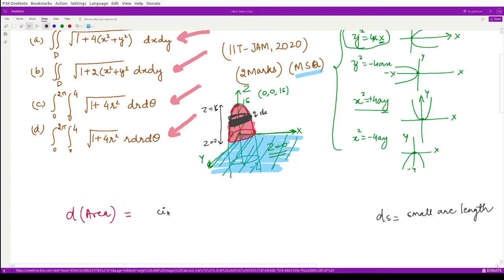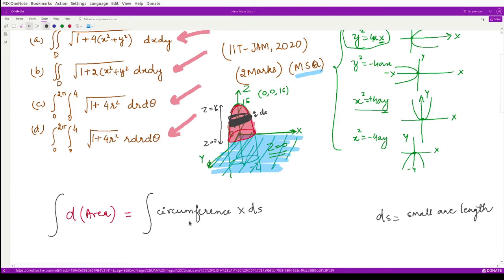So it would be the circumference into ds, and this would be your small area, right? If you want the total area, you have to integrate this over the whole surface, over z. So this is what we are required to calculate here.